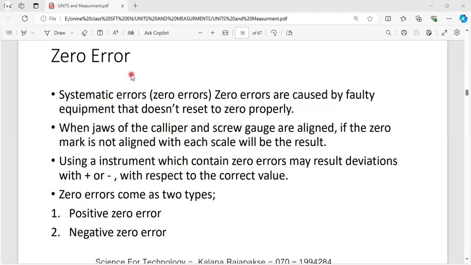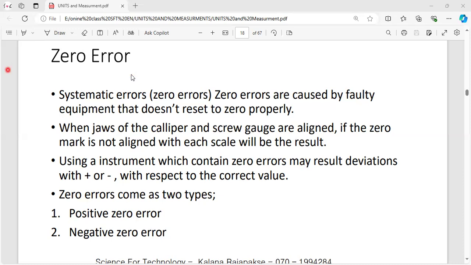Especially when the jaws of the calipers, here we are talking about the vernier caliper, I will show you a figure, when the jaws of the caliper or screw gauge are aligned, if the zero mark does not align with each scale, it will result in a zero error.